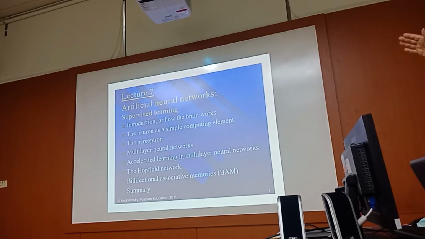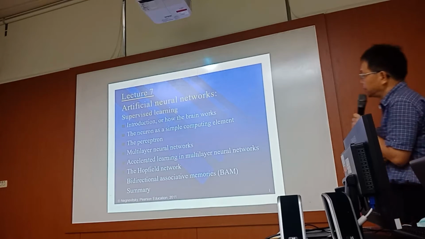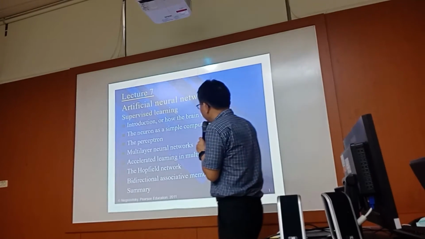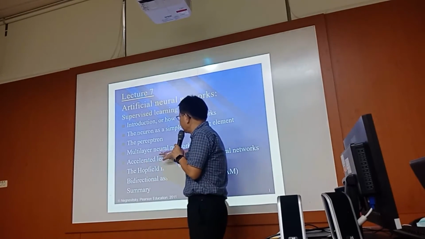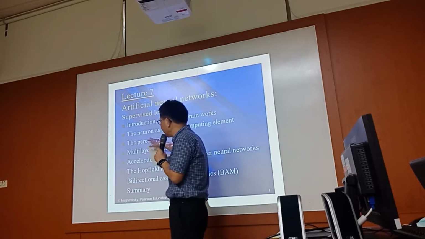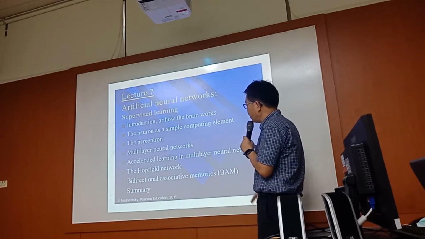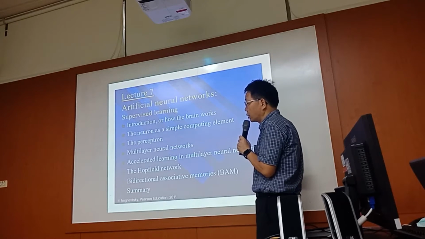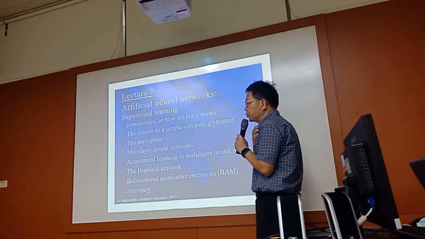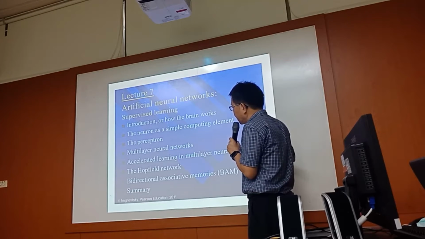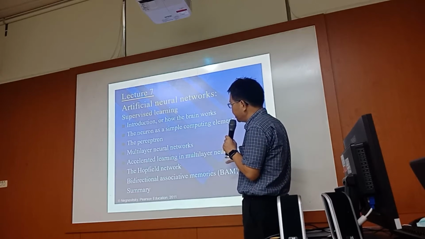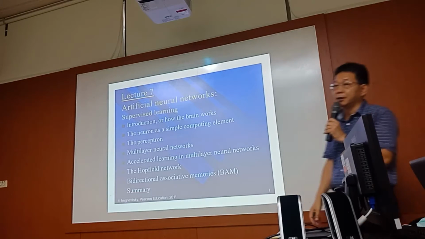So in the first part, we introduce the basics of neural networks. The basics are the perceptron, which is the simple one, and then the backpropagation neural network, and then Hopfield, which is traditional.